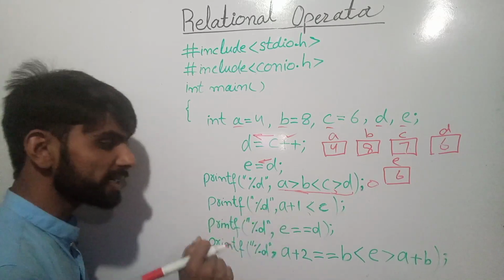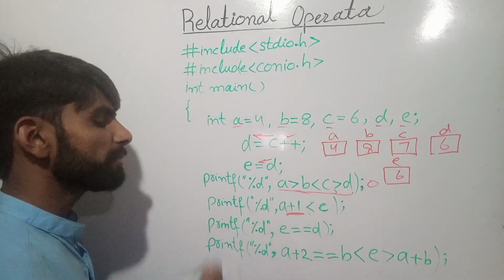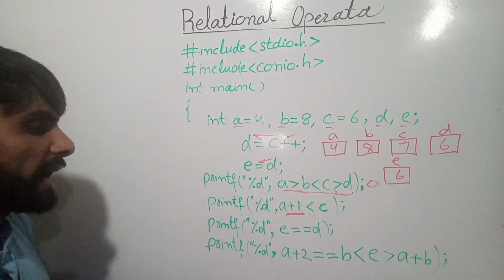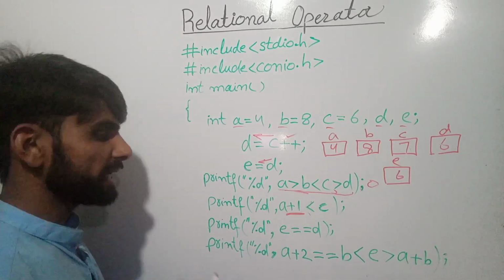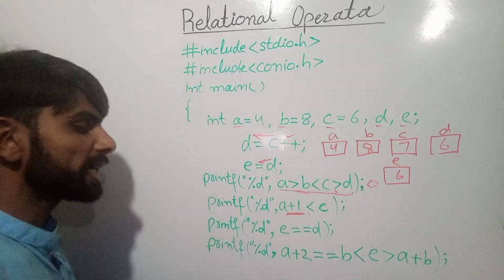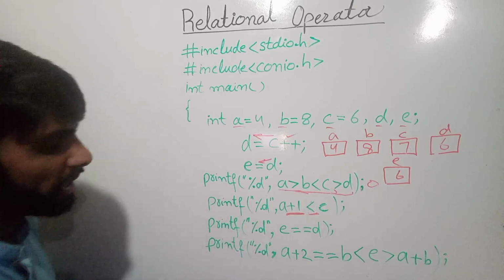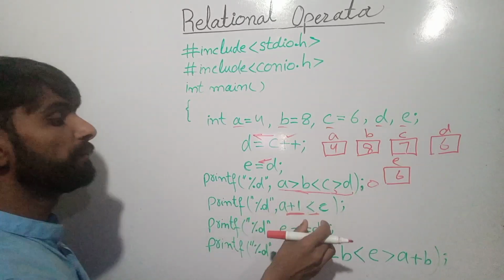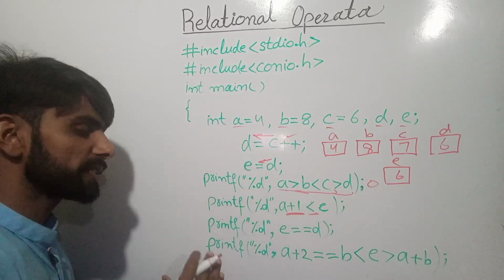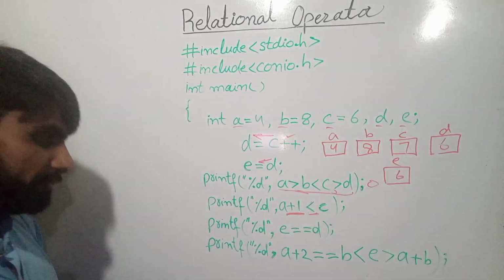Now we'll understand the second statement. In the second statement I have used an arithmetic operator. The arithmetic operators are plus, minus, asterisk and division, right? Here I have used plus as the arithmetic operator, and the second one is the relational operator. Now we will see which operator will be performed first and which after.